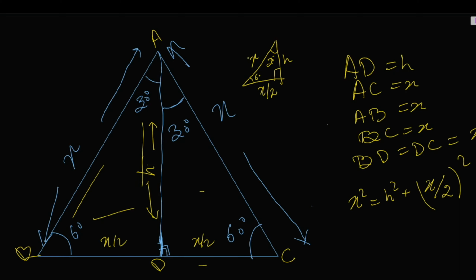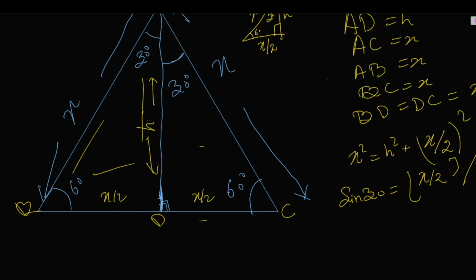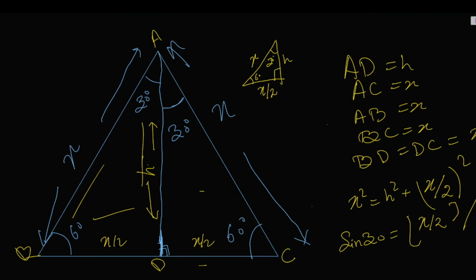If I consider this angle, sine 30 for this triangle would be perpendicular by hypotenuse, that will be x by 2 whole divided by x, right? And cos 30 would be how much?